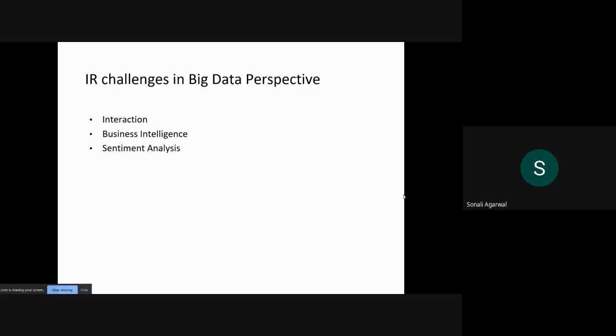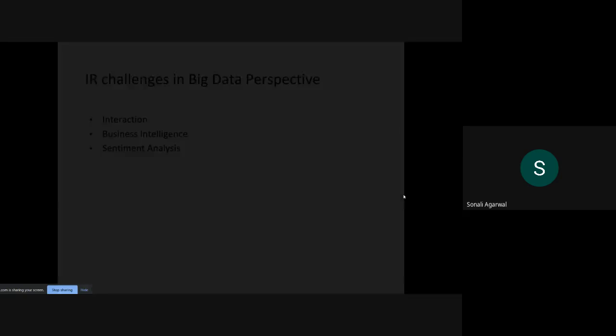So as per the information retrieval aspect, we are looking for its end uses. End uses can be anything. End uses are basically to serve some business intelligence expectation, and efficient use of social media platforms so that we can do some sentiment analysis. So it is basically challenging in both aspects. So how to support the challenges of these two domains, if we are clubbing these two areas for some common purpose, that is important to understand.